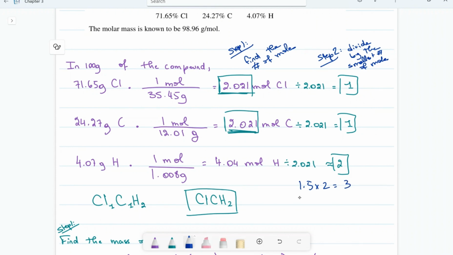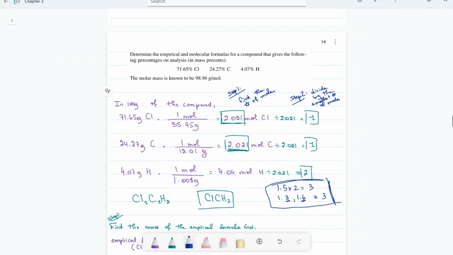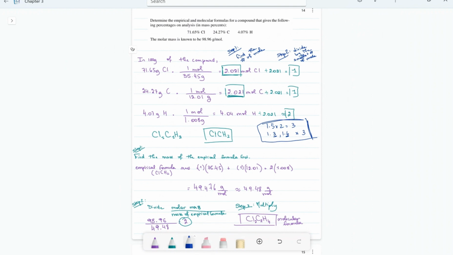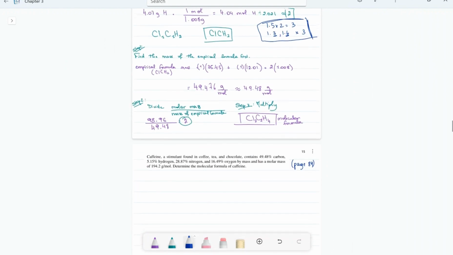If you ever get a number that ends in 3 or that ends in 6, you multiply all of them by 3. We will see examples for these later on in this video. This is how we solve such types of problems, and we will look at a very similar problem now.